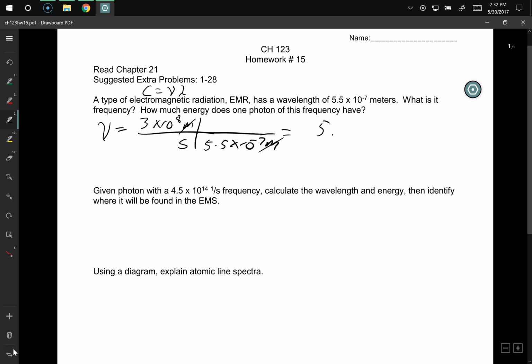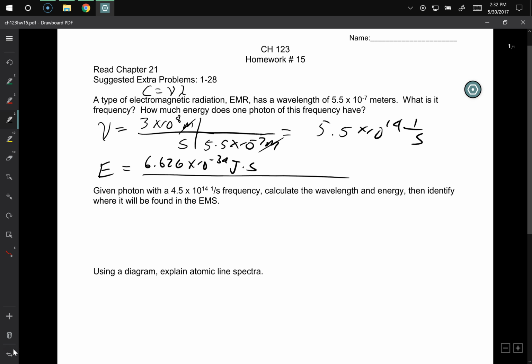So I got 5.5 times 10 to the 14th, 1 over seconds for my frequency. And then for energy, I need 6.626 times 10 to the negative 34th joules times seconds.